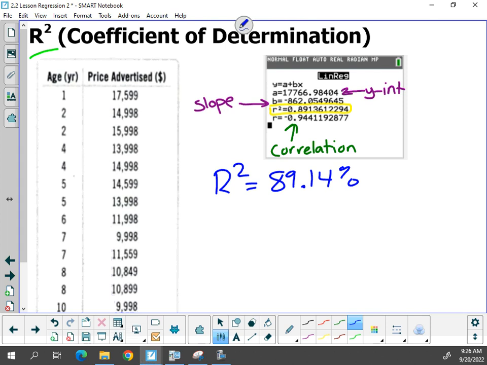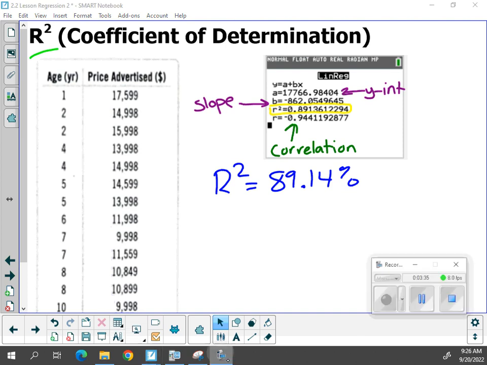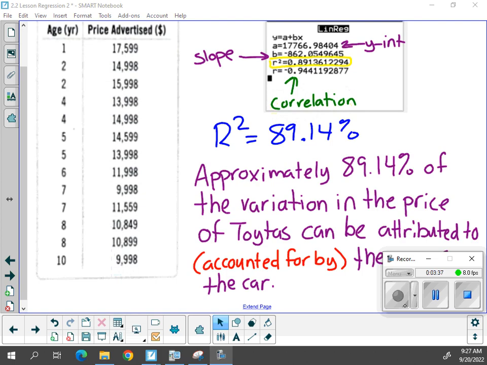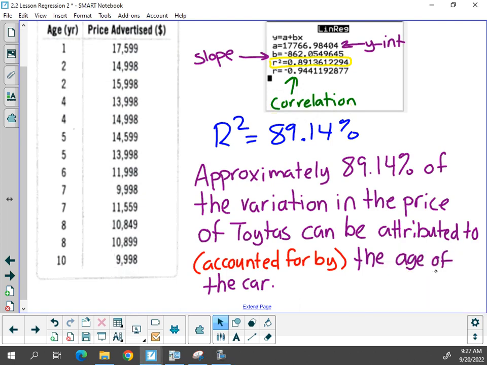So let me pause here. I'm going to write up how I would say that, because this is going to be something we need to learn how to do. Say and interpret this r squared value. We can almost write these interpretations in sort of a formulaic way. We can write it this same way every time and just sort of input the context of our problem. And so I would say that approximately, because we don't know guaranteed, this is just based on the small data set we have, approximately 89.14% of the variation in the price of Toyotas.